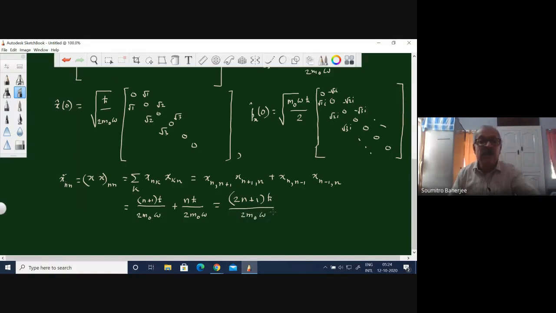When you have obtained this, the rest is somewhat simple, because all you need to do is to write the P also. P squared n will become, in a similar fashion, I'm just writing the result, m naught omega twice n plus 1 h cross by 2.